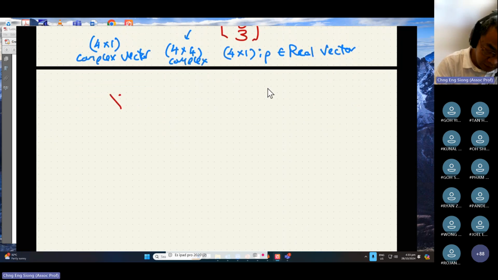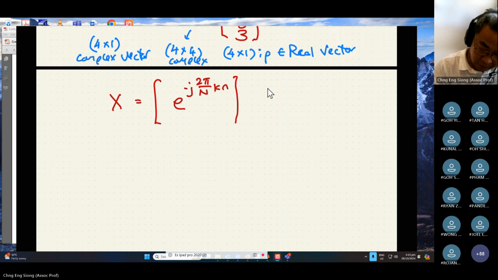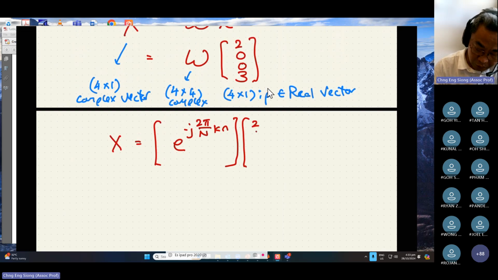So X is equal to W times small x. And the W, you realize, I'm going to write this equation and you must memorize this: e to the minus j 2 pi over N k n. And let's be very clear about the notation.